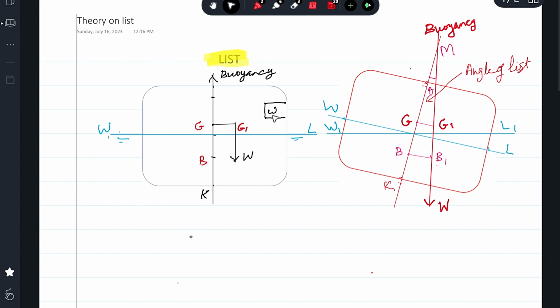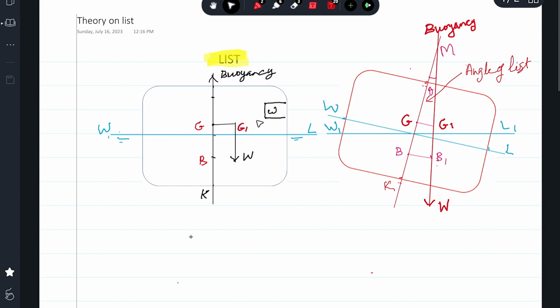But when we load weight W or shift or discharge, now in this example, the weight W has been loaded on starboard side. That will cause the center of gravity of the ship to move towards the center of gravity of the weight loaded, that is to the new G1, GG1.